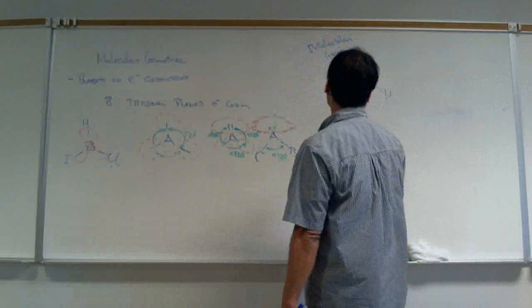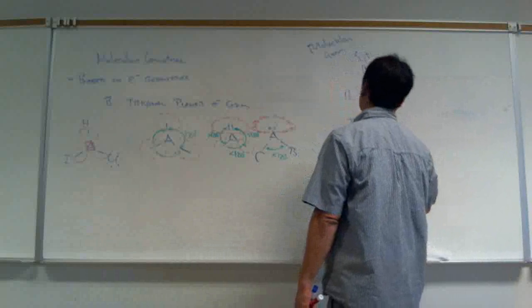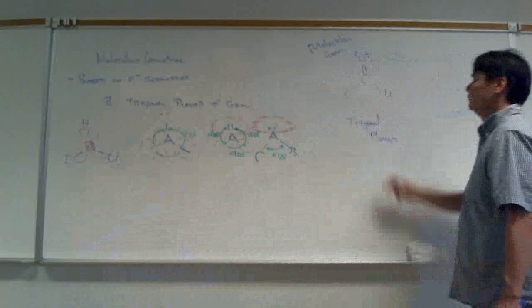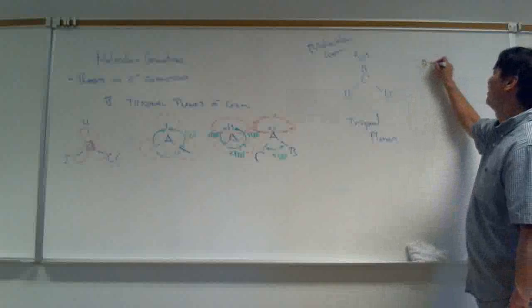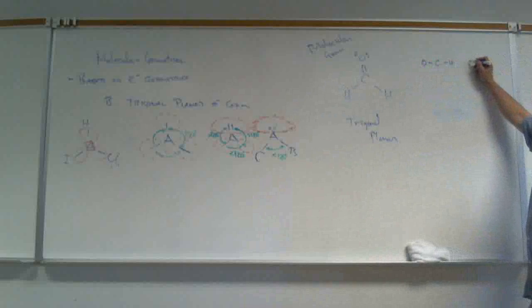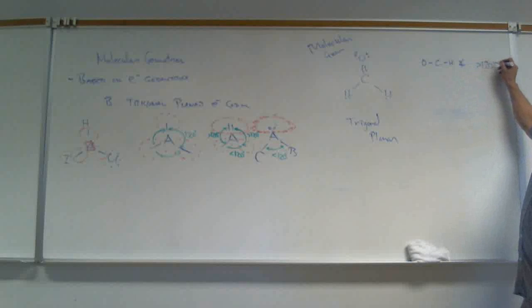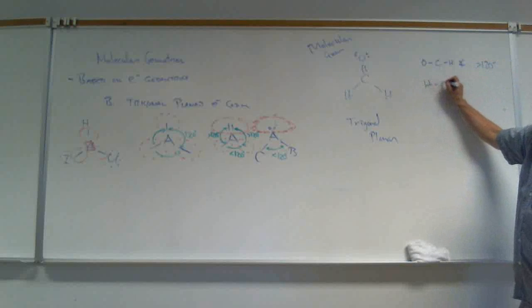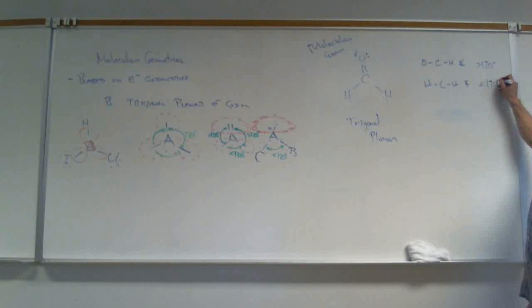The molecular geometry of this is going to be trigonal planar, just like the electron geometry. In the angles here, we have the OCH angle. The OCH angle is going to be what? Greater than 120. And then we have the HCH angle, which should be less than 120.